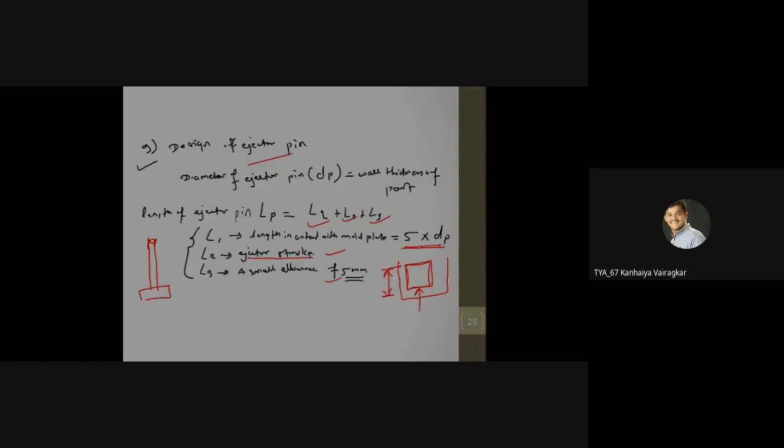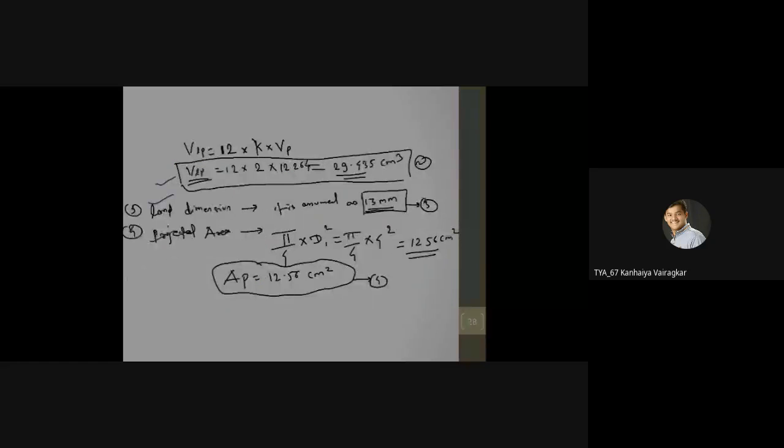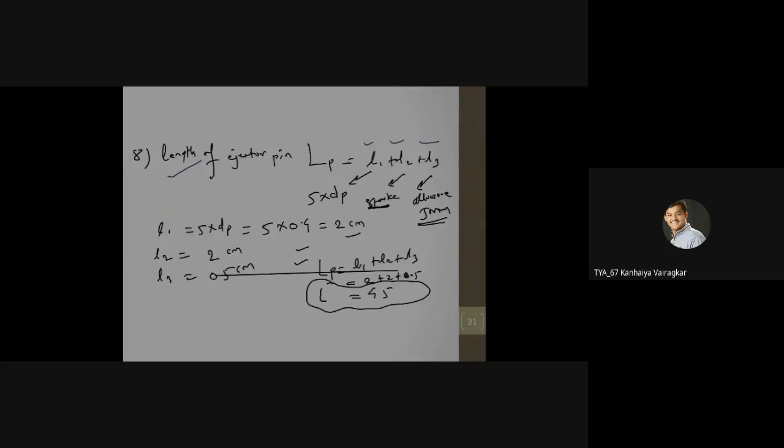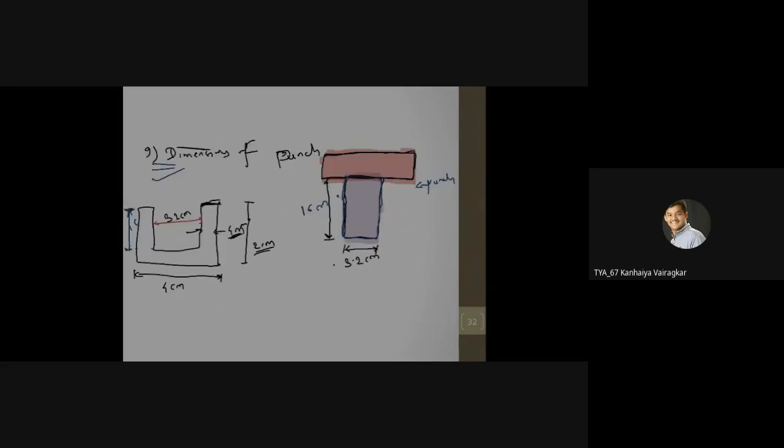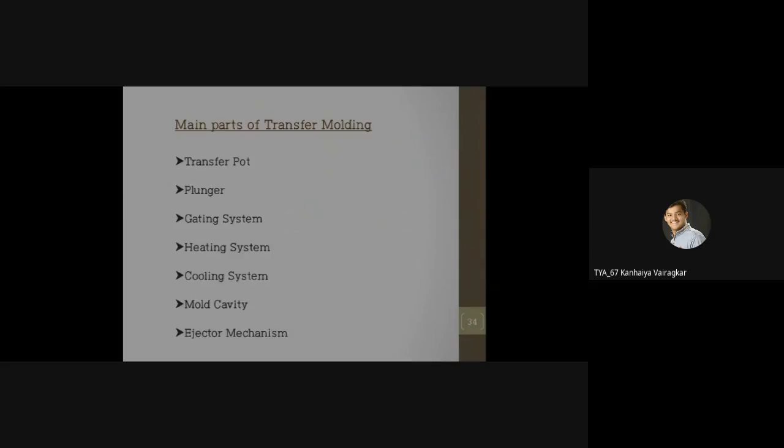So this was the part that we have seen. Okay, so these are some main parts of the transfer molding. It is the same kind of thing as compression molding, but some additional parts are there, like the transfer pot, plunger, gating system.